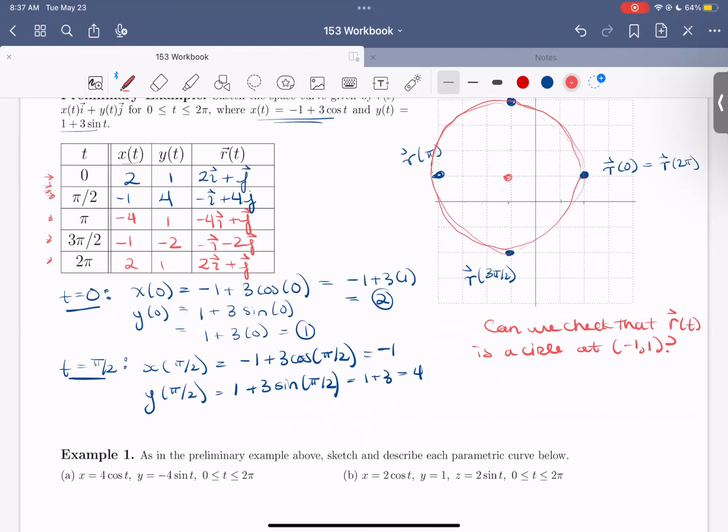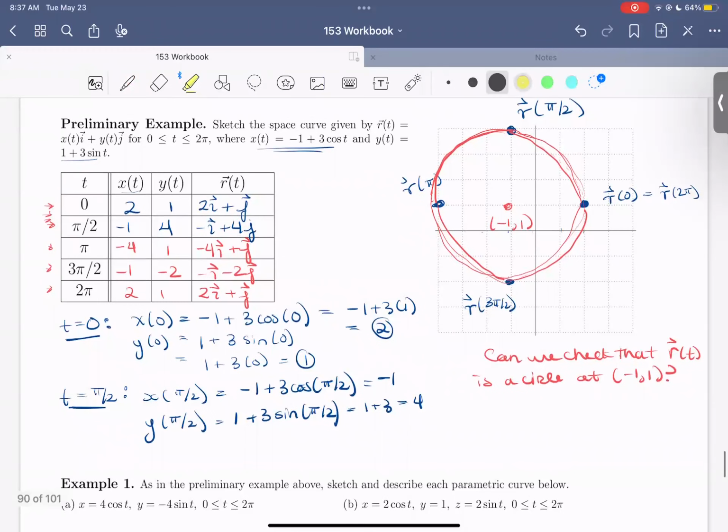Well, we can check what this curve is, and in particular check if it's a circle with center at -1, 1, by plugging the maps for x of t and y of t into an equation of a circle centered at -1, 1. And in fact, we can look a little bit deeper and see that it looks like the radius is going to be 3. So a circle centered at -1, 1 with radius 3.